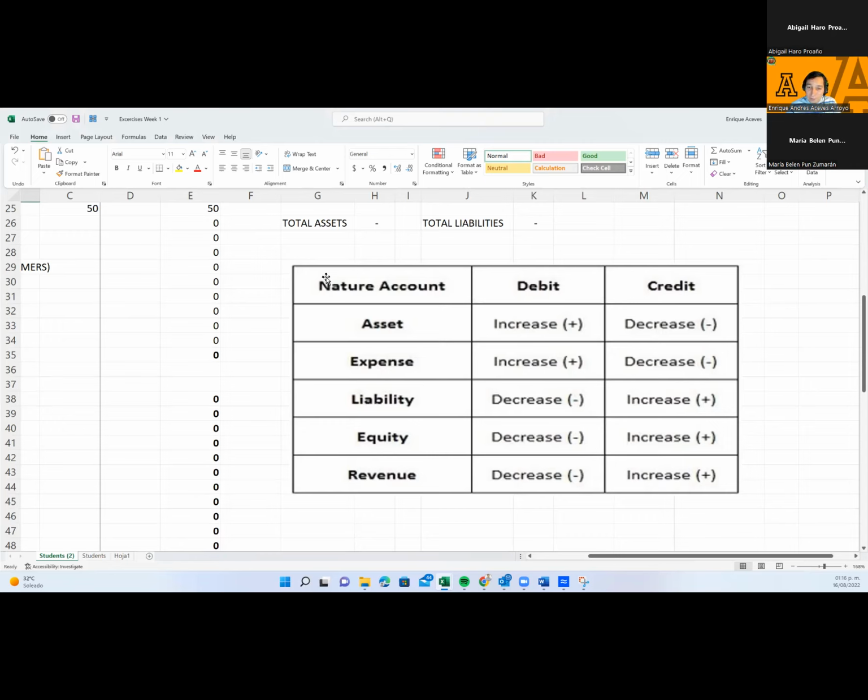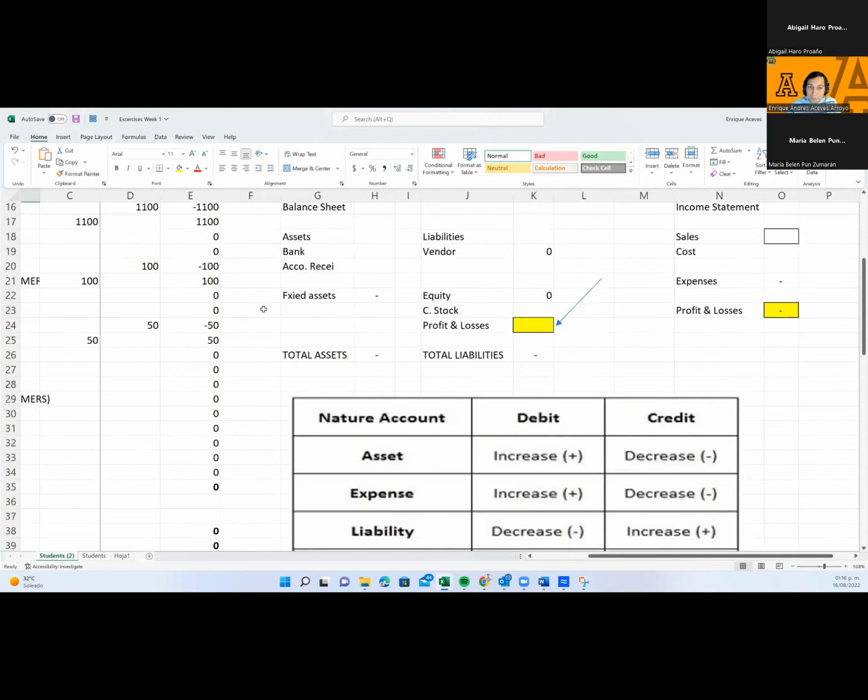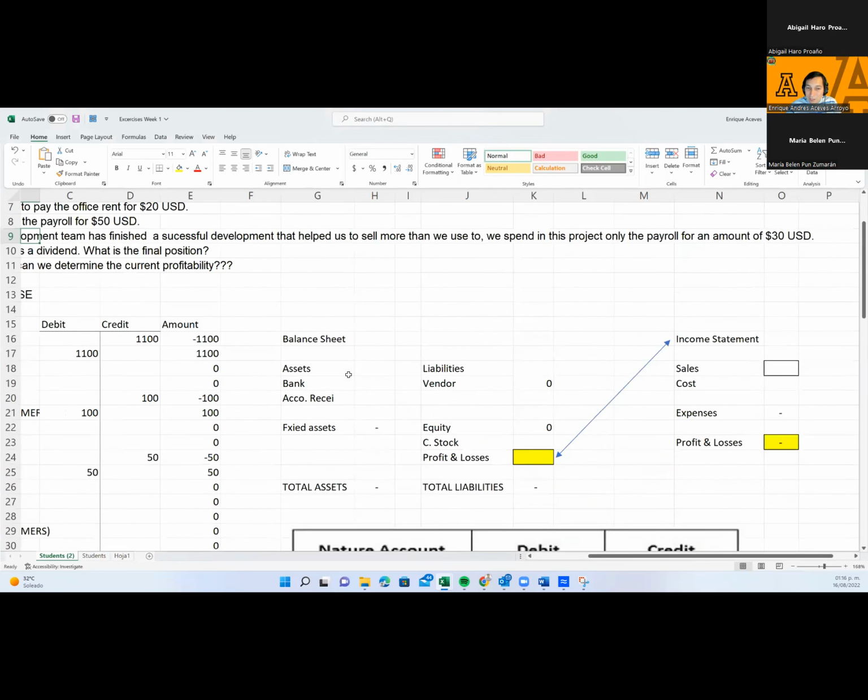So now you know that the assets, the liability, and the equity are part of the balance sheet, and the revenue and the expense, those are part of the income statement. Okay. This is a summarized view of a balance sheet and an income statement. A very short view, but enough for you to understand the basics.